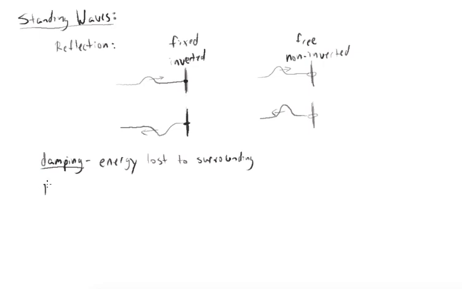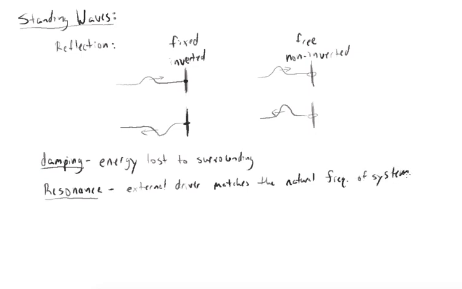The next is what we're actually worrying about. Well, actually not, sorry, let's do resonance first. Resonance. This is when a driving frequency, something making the motion, matches the actual natural frequency of the system. So the external driver matches the natural frequency of the system.